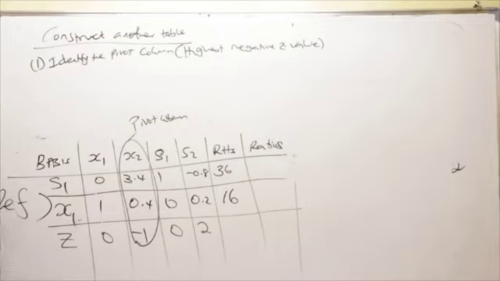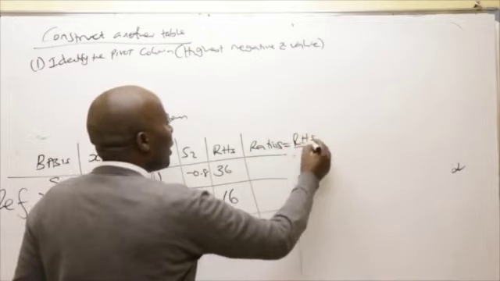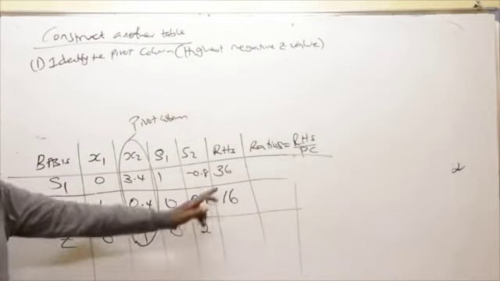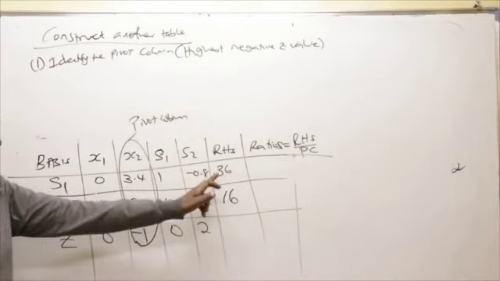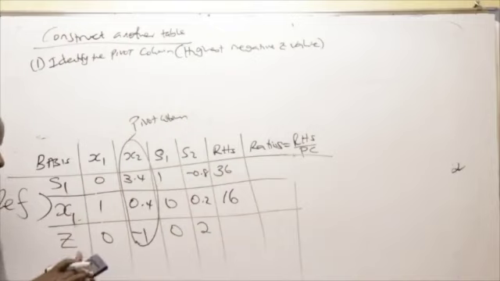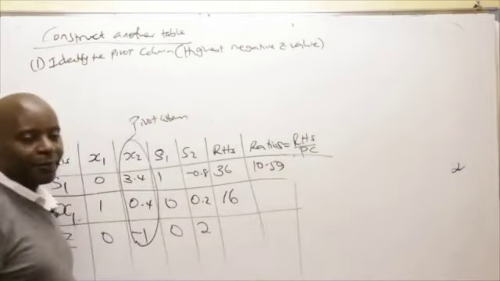You take RHS, right-hand side values, divided by pivot column elements. So you take the figures that we have here, like now we have here 36 divided by 3.4. Give us a figure. What are we able to see here? 10.59, right?